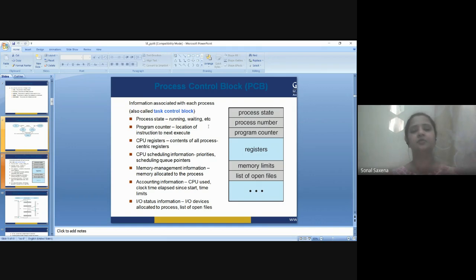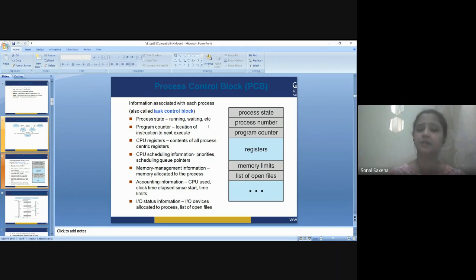Now the processor should know in advance which line is going to execute next. The address of that next instruction needs to be stored somewhere, and this is the field where it gets stored. So the program counter is nothing but a space where your next instruction address is residing, right?